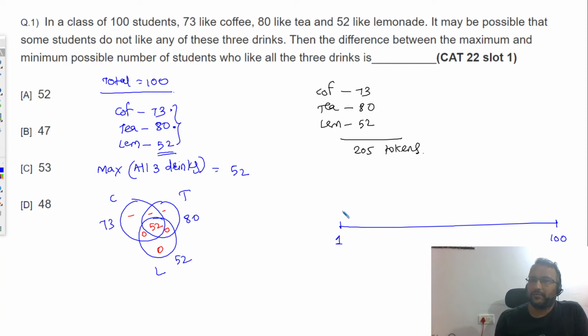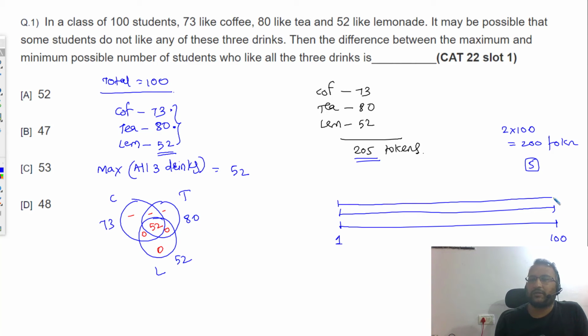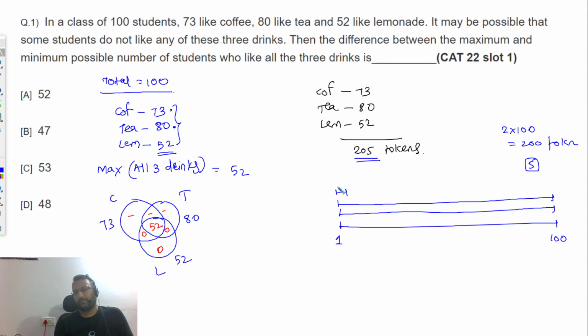So let's say out of these 205 tokens, give every student 2 tokens. So 200 tokens are exhausted over here. The remaining tokens are 5. Look here, the 100 tokens are distributed like this. The 100 tokens are distributed like this. And the remaining 5 tokens will get distributed again.